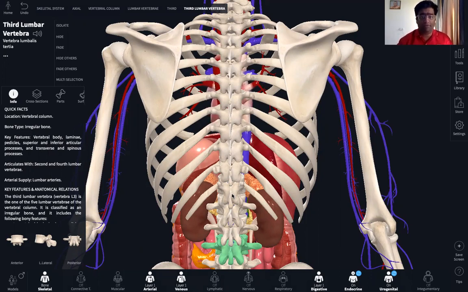Again, they are located in the abdominal cavity, attached to the dorsal body wall, between the 12th thoracic and the 3rd lumbar vertebra, and behind the peritoneum. That is the positioning of the kidneys.